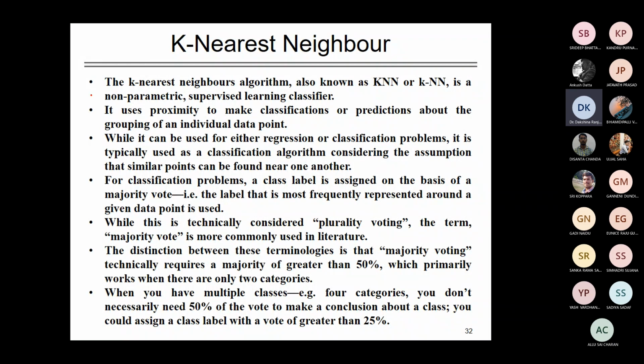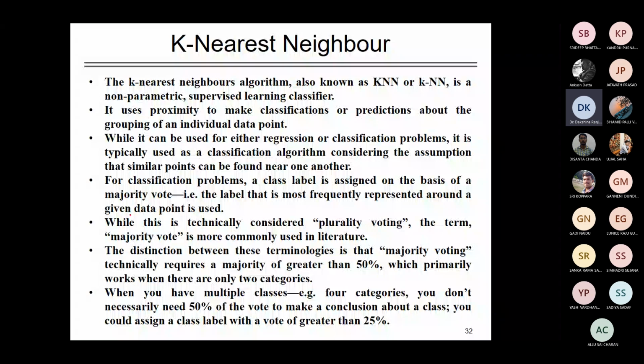While it can be used for either regression or classification problems, it is typically used as a classification algorithm from the supervised learning techniques, considering the assumption that similar points can be found near one another. For classification problems, a class level is assigned on the basis of a majority vote, that is the level that is most frequently represented around a given data point.